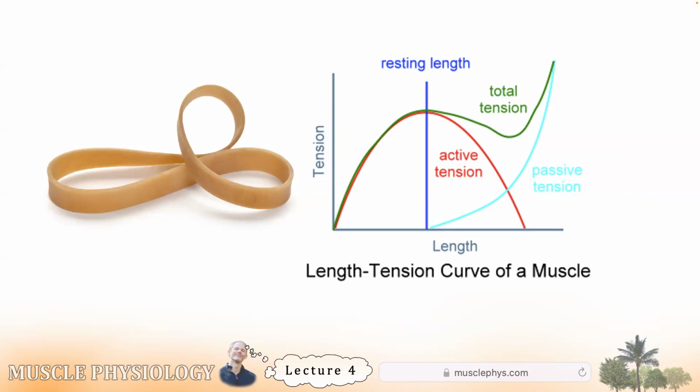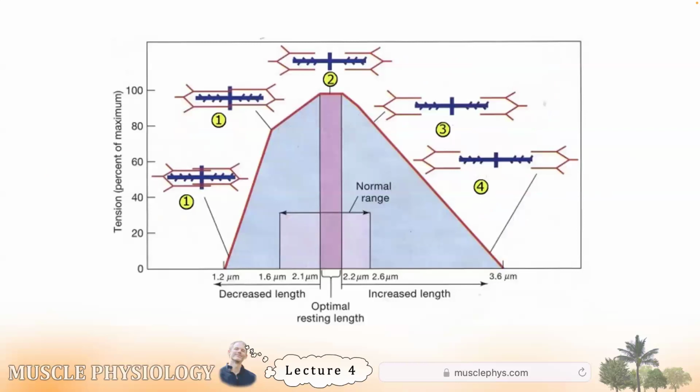And active tension is generated by those actin myosin bonds by cross bridge cycling. And here with active tension, think about how much force you can generate at different points in the range of motion. So take a bicep curl.